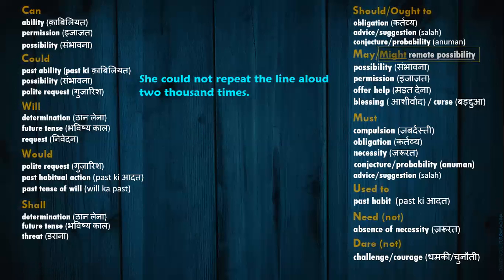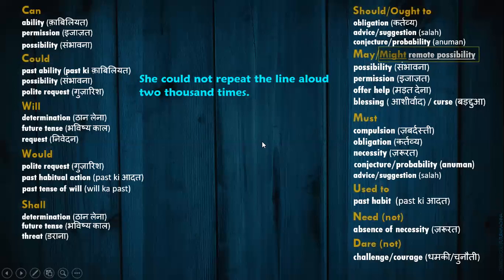And the main verb is repeat. So repeat, the main verb, is helped by the helping verb or auxiliary verb, could not. Why not only could? We have to add not, which is a negative word, which makes the sentence negative. And hence, we are supposed to select could not.